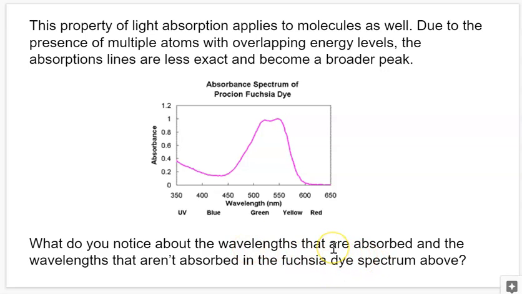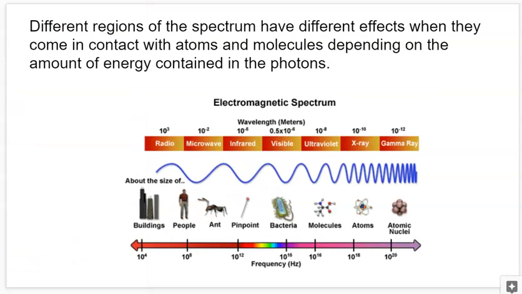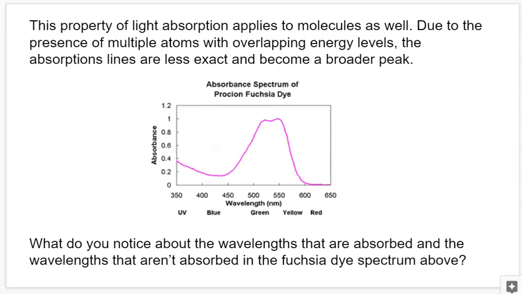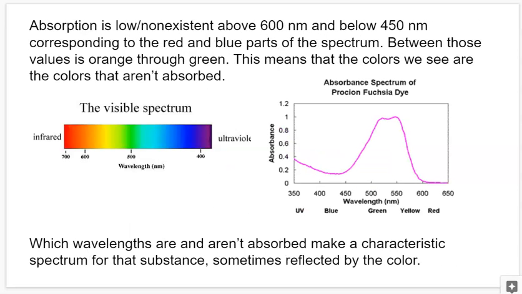So think about that briefly and reflect on the electromagnetic spectrum that I showed before. I think it's on slide 14, this one. So if you look at the visible spectrum and the colors that are associated with the specific wavelengths, we can see that in the fuchsia dye spectrum, wavelengths above 600, which kind of correspond to the red here, are not absorbed at all.